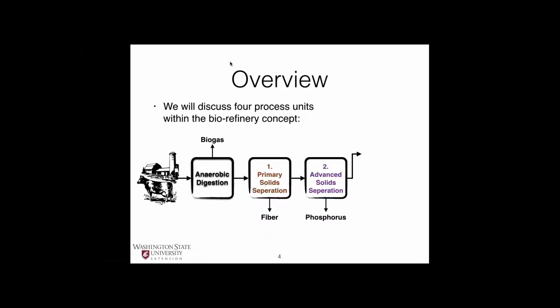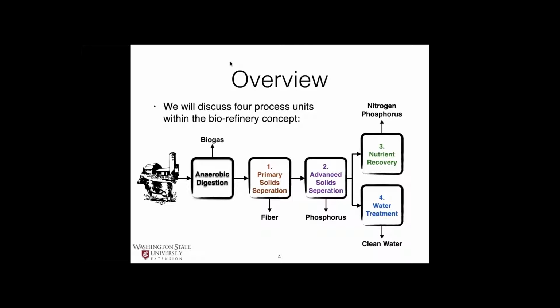The second unit is what we'll term advanced solid separation, and this is really focused on a phosphorus product at this point. We are then going to branch, and we're going to take a look at what we're terming nutrient recovery, and these are different technologies related to getting nitrogen and phosphorus out of the system. And then the other branch point we'll look at is water treatment. What can we do to get clean water out?